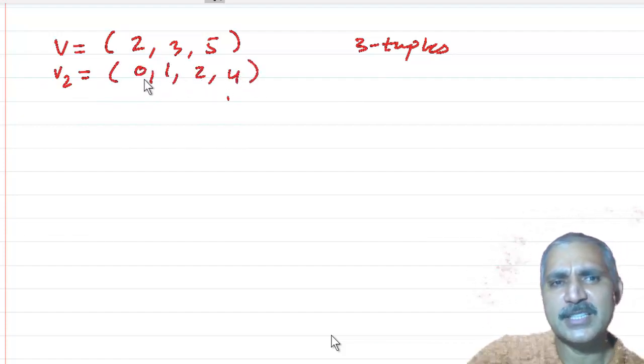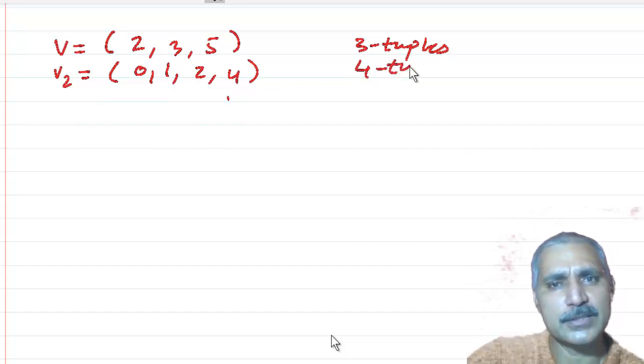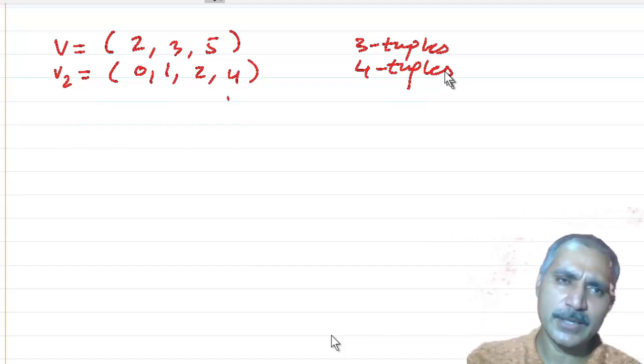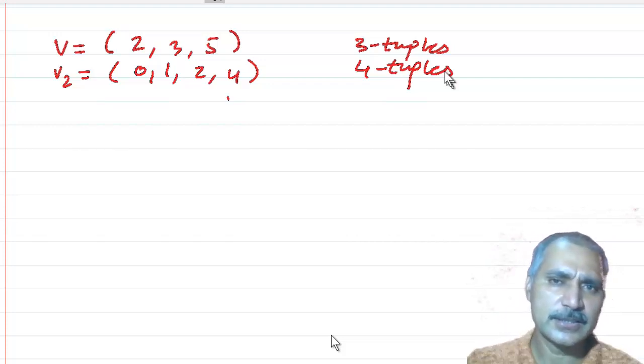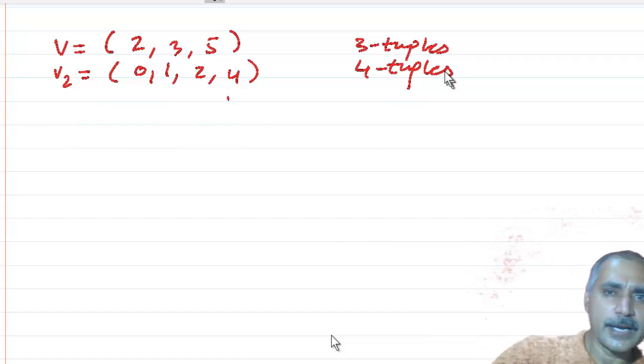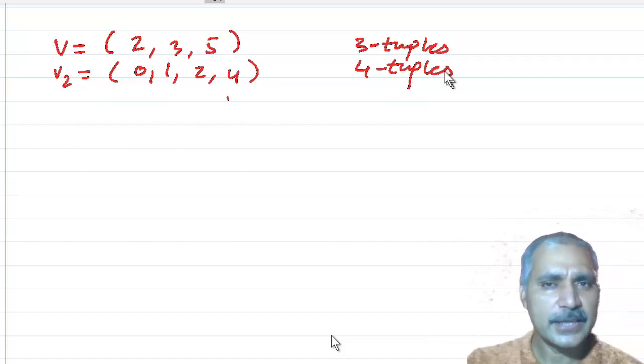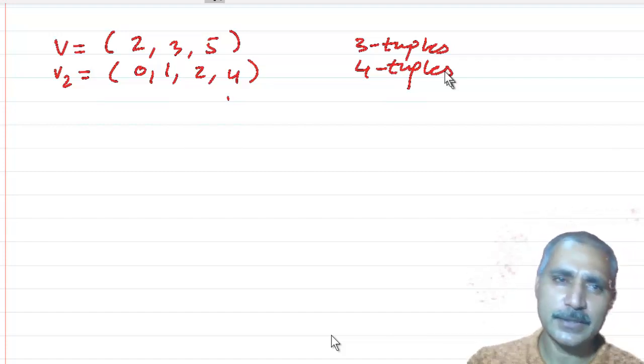How many elements are there? 1, 2, 3, 4. Four elements, so we call this a 4-tuple. So vectors are nothing but a set of elements arranged in a fixed order, and the number of elements present is called its tuple: a 3-tuple, 4-tuple, 5-tuple as per the number of elements in that vector.